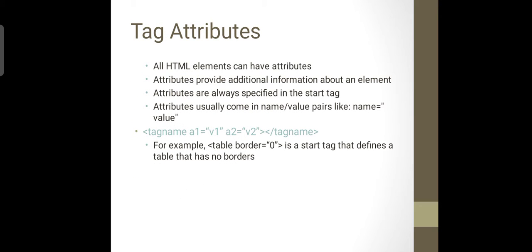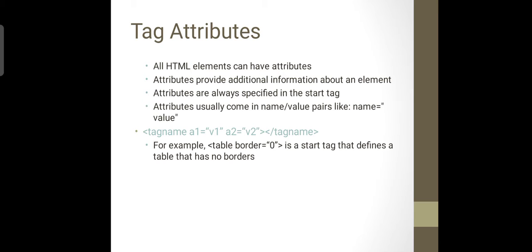So next, that is tag attributes. All HTML elements can have attributes. The attributes provide additional information about an element. The attributes are always specified in the start tag. The attributes usually come in name and value pairs.